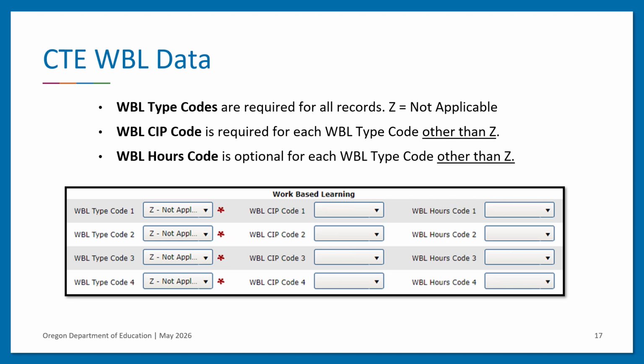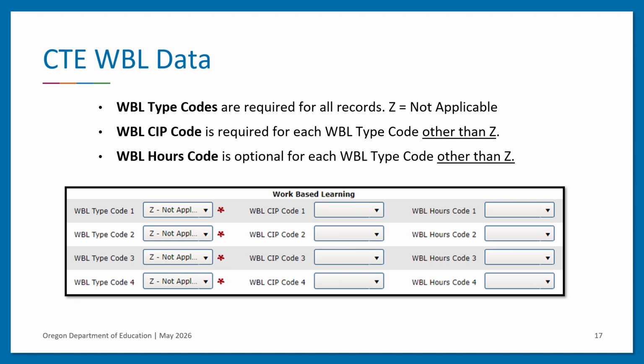All Category 1 and Category 2 students should have Z as the work-based learning type code. Category 3 students who only have CTSO and/or industry-recognized credentials to report this year should also have Z in the work-based learning type code fields.